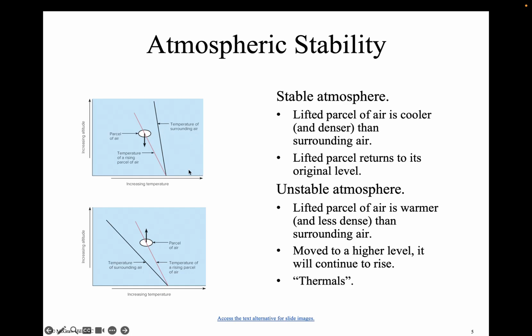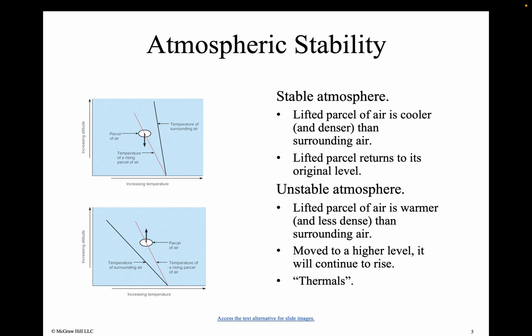So in both conditions, sooner or later, the dew point of that parcel of air is reached, and that air will become saturated, and the condensation nuclei will start to form, and then eventually that will lead to rain.